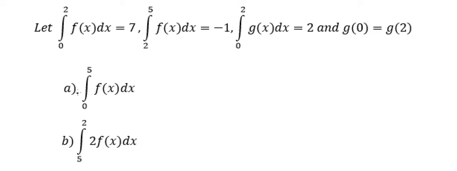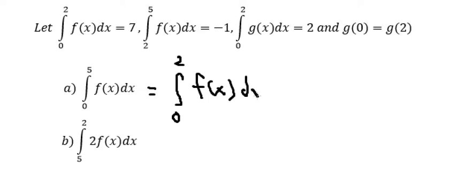Question A, we have the integral from 0 to 5 of f of x. In this situation, we need to follow the given conditions in here. We have from 0 to 2 and 2 to 5. So we got the integral from 0 to 2 of f of x dx plus the integral from 2 to 5 of f of x dx.